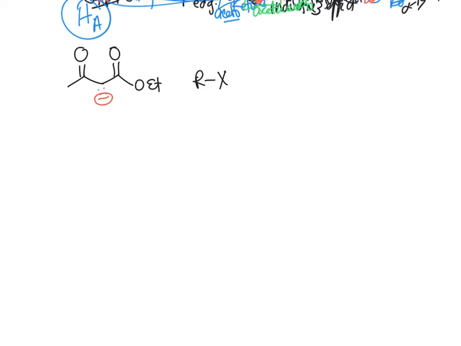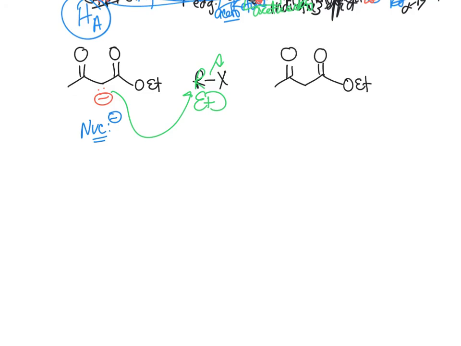The enolate will act as your nucleophile. This is going to be an SN2. So the R group is your electrophile. And so you draw your mechanism arrows, your electron flow arrows. And there is the R group on your alpha carbon.